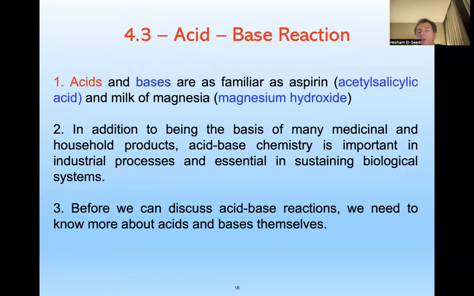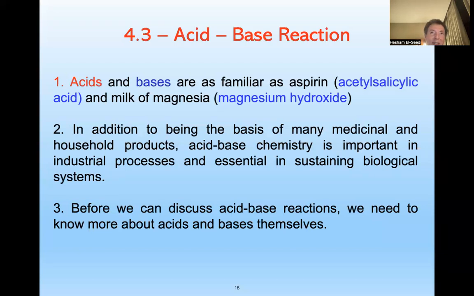From this point of view, you also studied acids and bases. The most famous example is aspirin. When you have a headache, you take acetylsalicylic acid, which is called aspirin. This is synthetic organic chemistry. So in addition to being the basis of many medicinal and household products, acid-base chemistry is important in industrial processes.